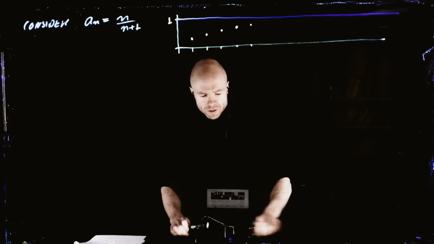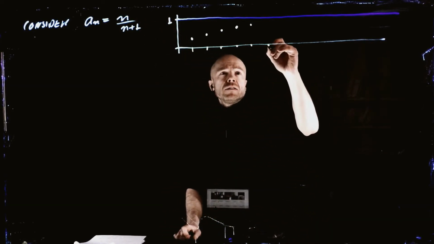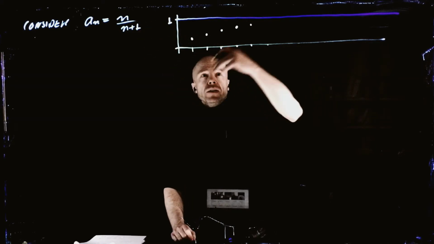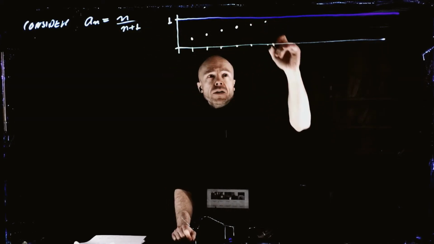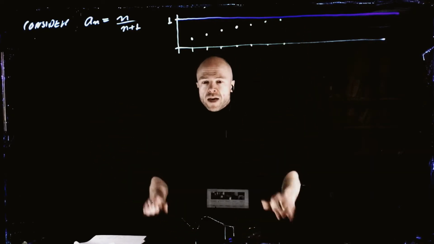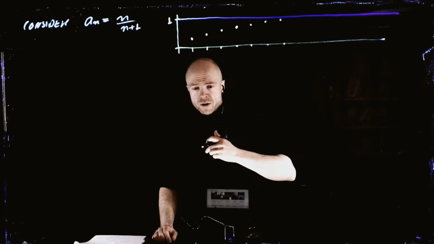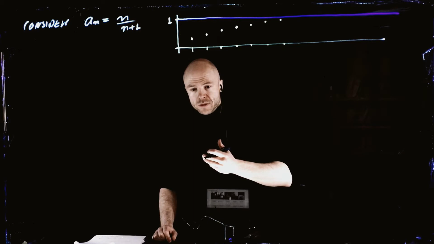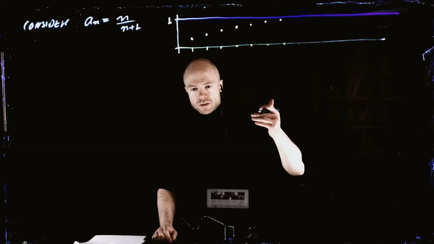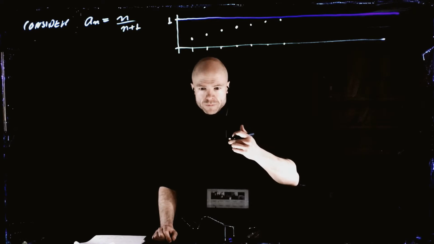However, as we keep increasing n, then this an is getting closer and closer to 1, right? Because, for example, if we had n is 100, then we have 100 over 101, yeah? Which is a number pretty close to 1. Still less than 1, but pretty close to 1. If we have 1,000, we have 1,000 over 1,001, still closer to 1. Yeah?